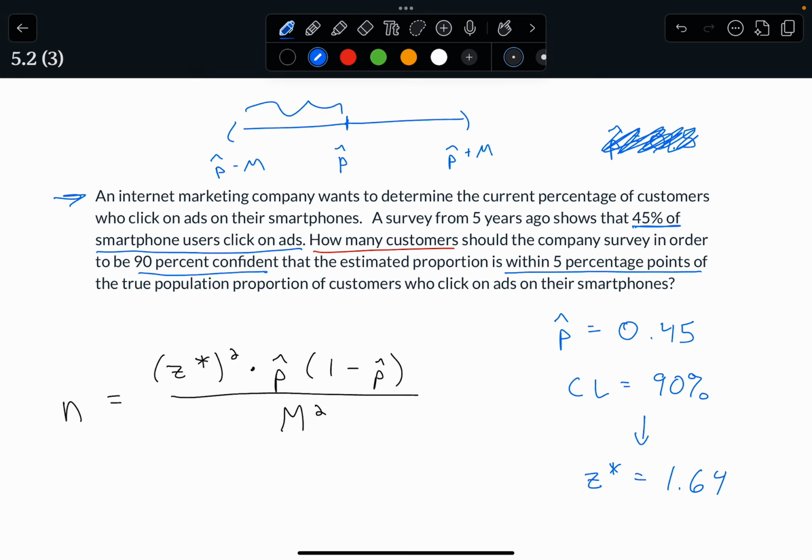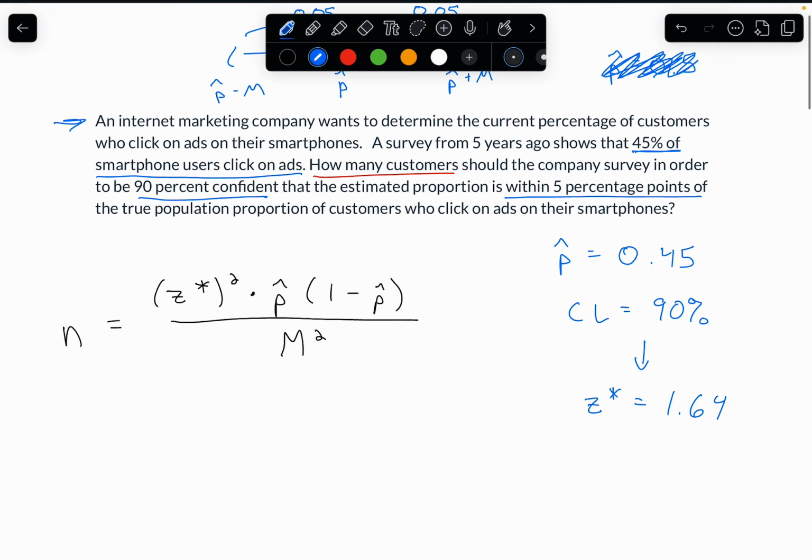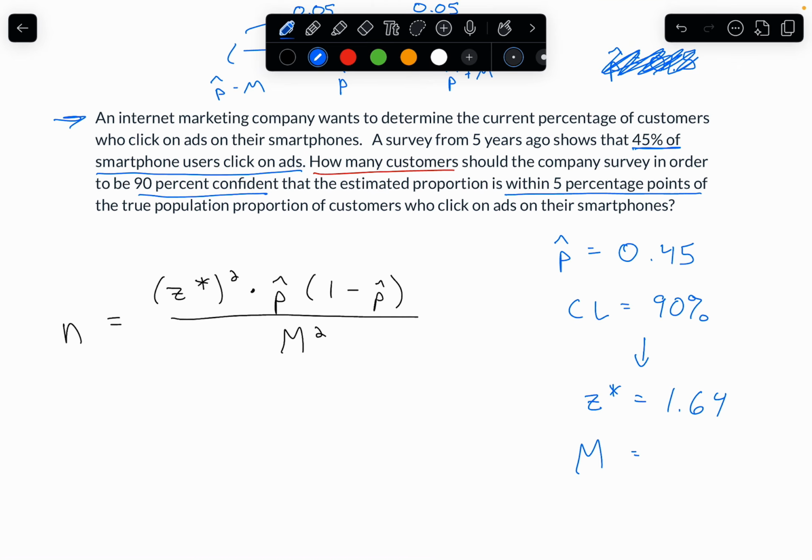I want that margin of error to be 5 percentage points, or 0.05. So it's saying I want on either side to be 5%. When we give the margin of error, we always want to give it in its decimal form. So my margin of error will be 0.05 on either side. So my m will be 0.05.